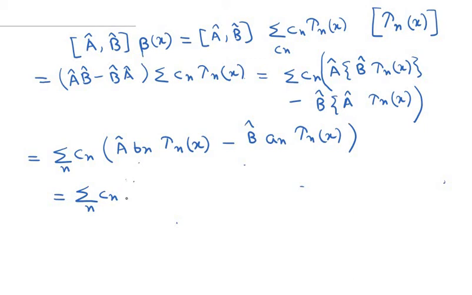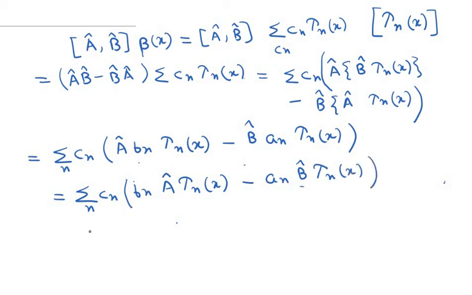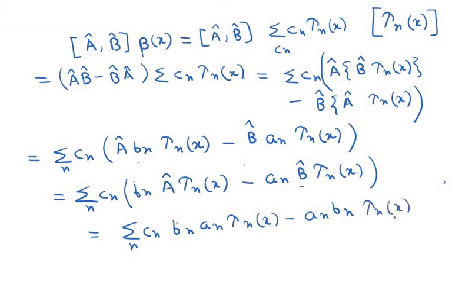So we have Bn, the operator a multiplied by lambda n x, minus an, the operator b multiplied by lambda n x, equal to the summation over n of Cn Bn an lambda n x minus an Bn lambda n x. These two terms cancel each other, and so the net result is 0.